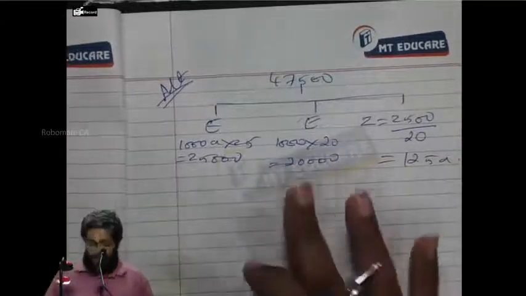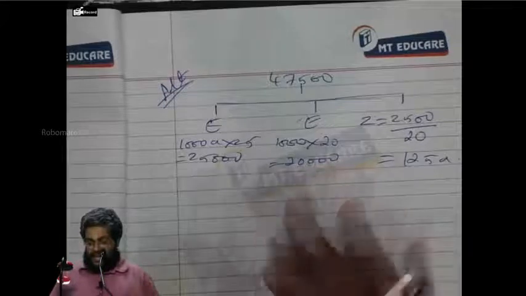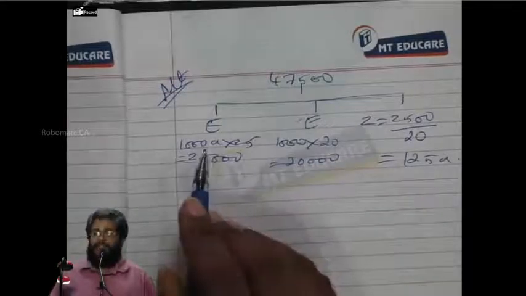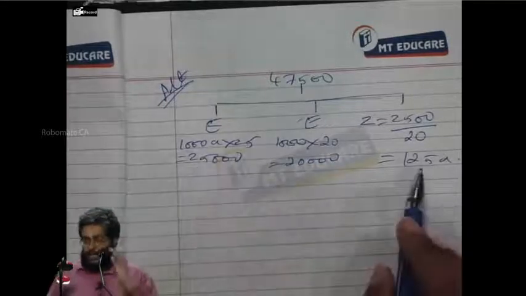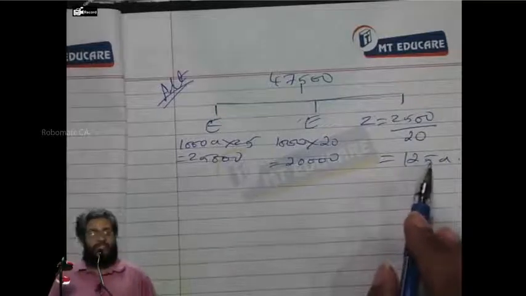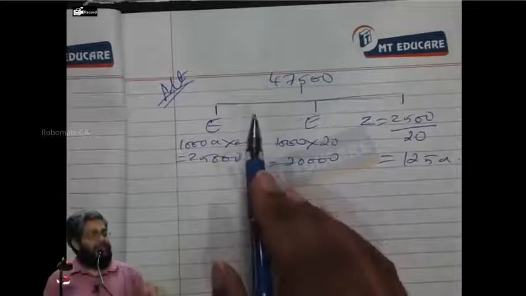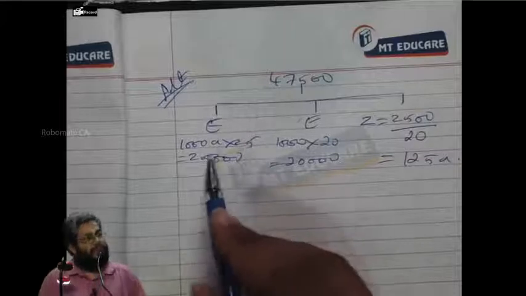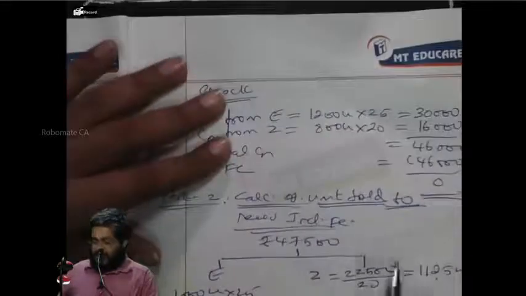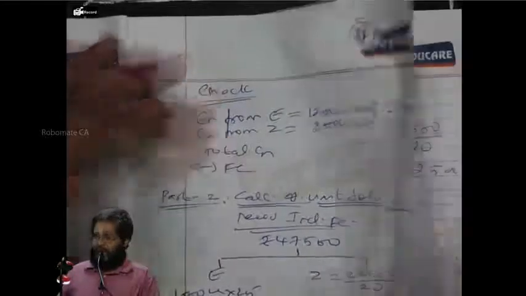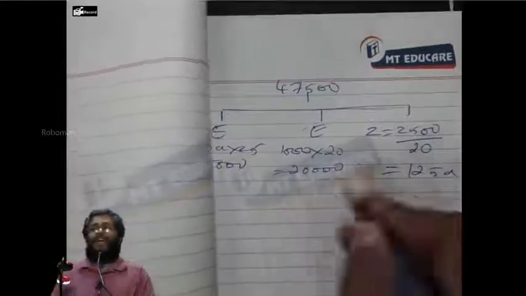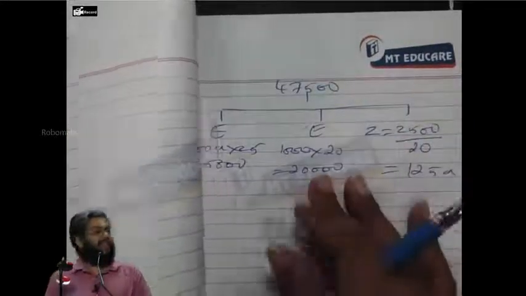Both are okay. Tell me, I can sell how many units of E? 2,000 units of E, and how many units of Z? 125 units of Z. Still the same 47,500 contribution to break even. Yes or no? In this case, instead of 1,125 Z, I just use E. Both having the same 20 contribution, and then did the calculation.